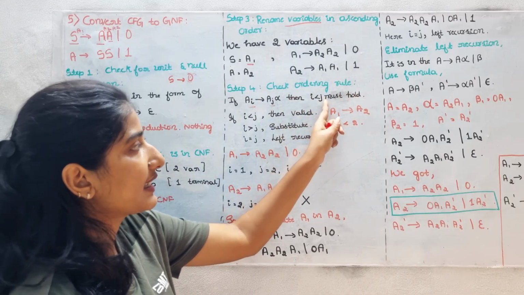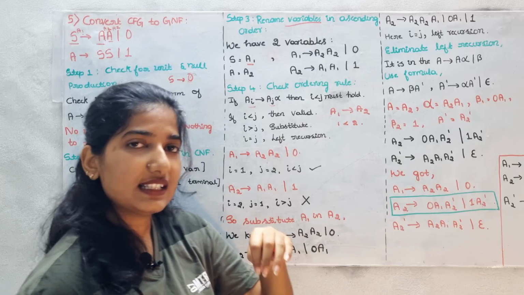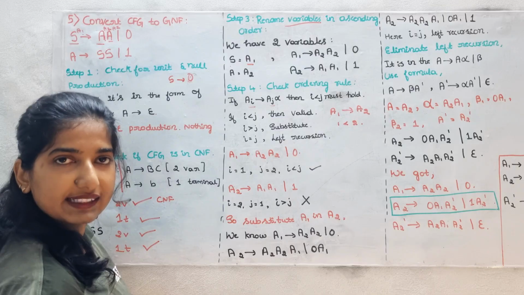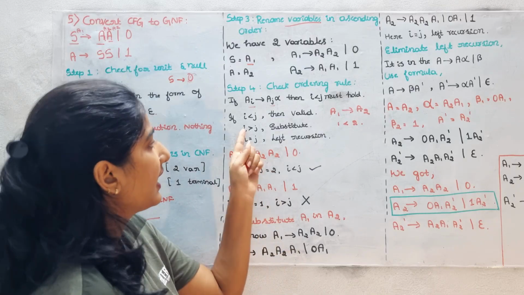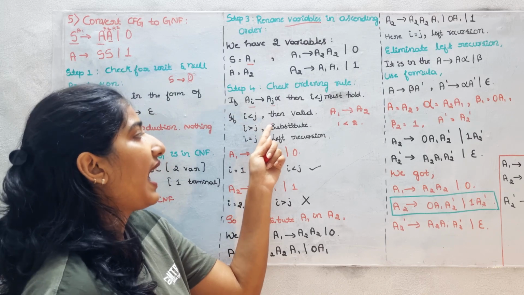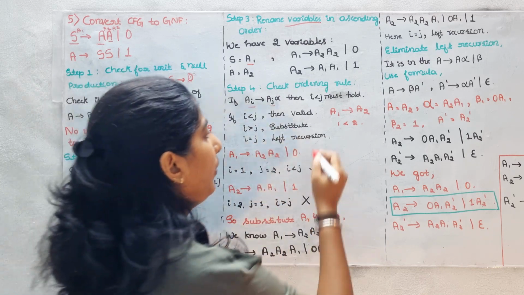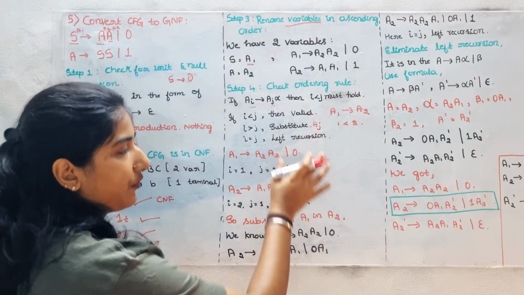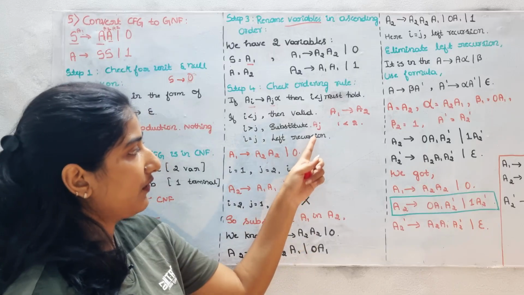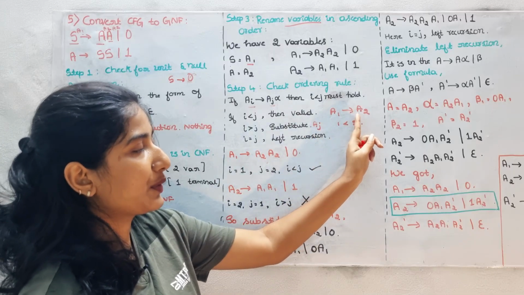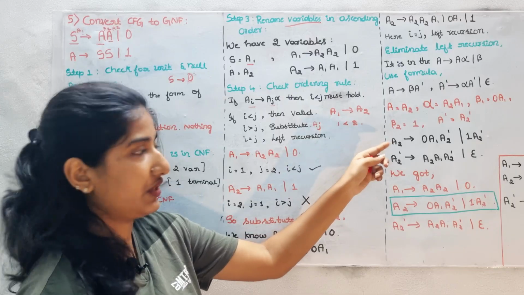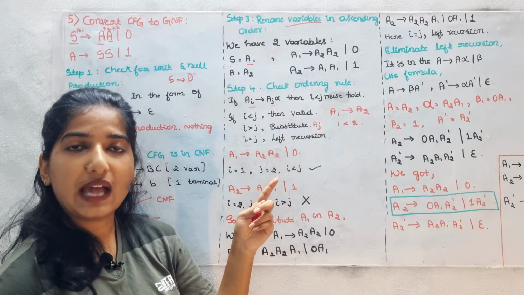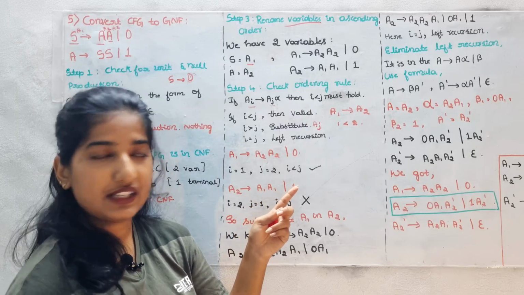Then i less than j must hold, or else what we have to do? If i less than j, then valid, no need to do anything, we keep the equation as it is. If i is greater than j, we have to substitute the value of Aj in Ai, which means we substitute the value of A's production. And if i is equal to j, then there is left recursion. We have to eliminate that left recursion.